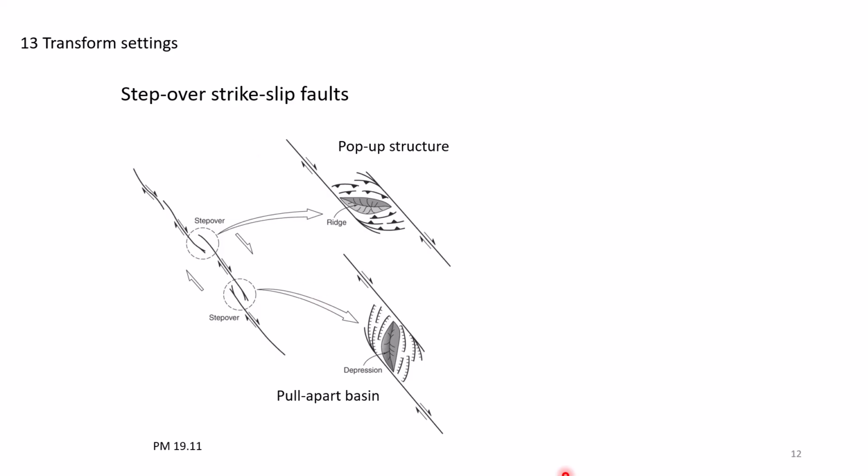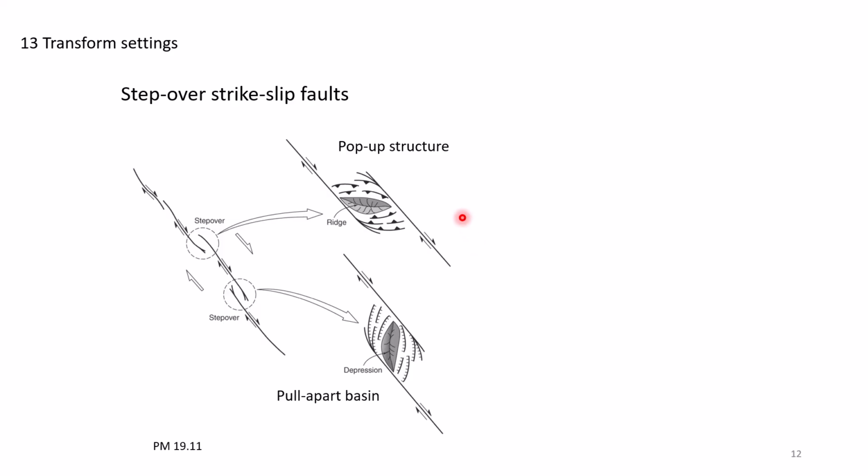Here's a slightly different type of structure that forms along strike-slip faults. We have seen that strike-slip faults can bend and curve and therefore produce either releasing or restraining bends. But we also might find step-over structures, and step-over structures form where parallel segments of the strike-slip fault are overlapping but are not directly connected with each other.